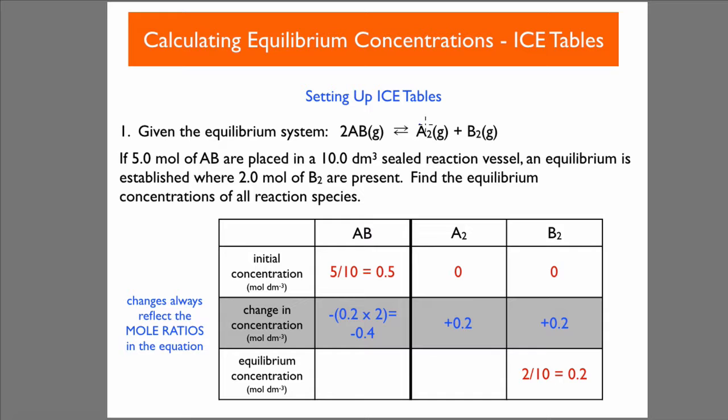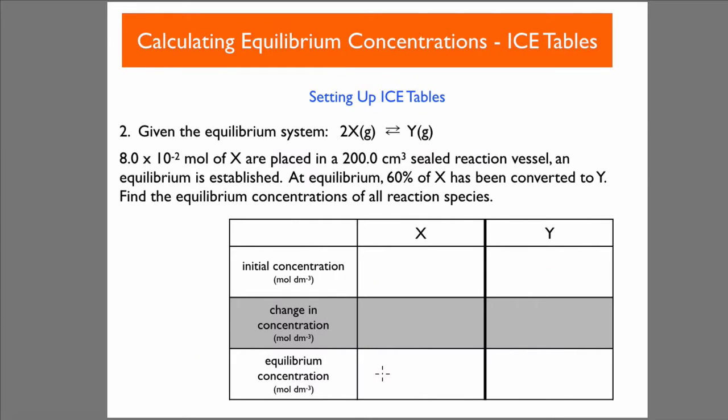There's 2 here and only 1 there, so twice as much, and obviously it's being used up, so it's going to be negative. So we're going to get minus 0.4. We can then calculate the equilibrium concentration by having the initial concentration minus the change in concentration to give us the equilibrium concentration. And A2 will obviously be 0.2 as well.